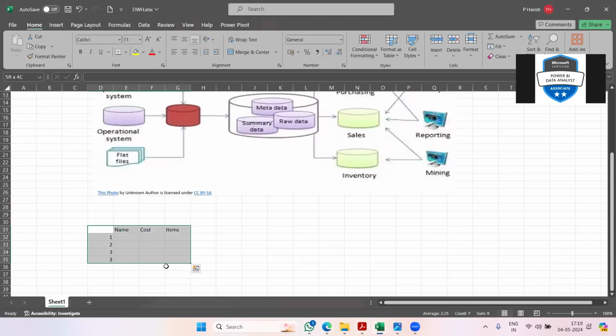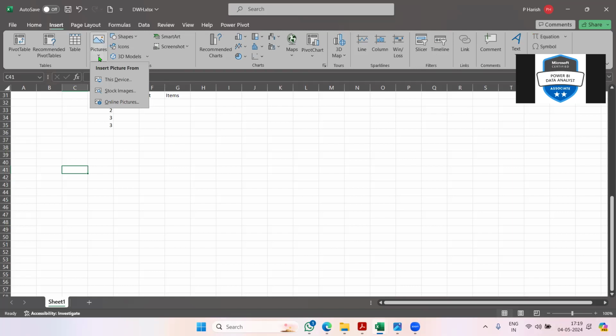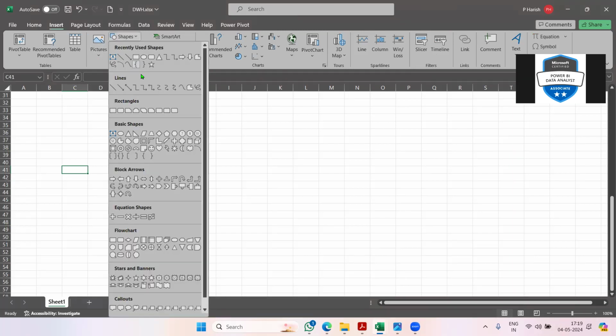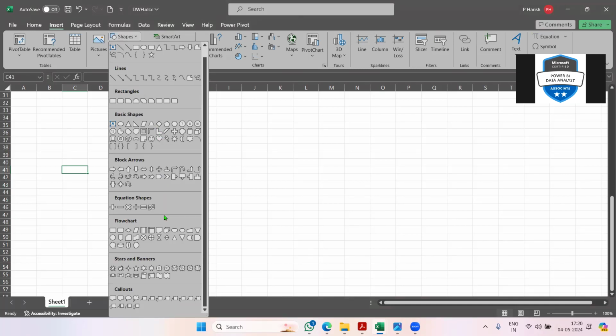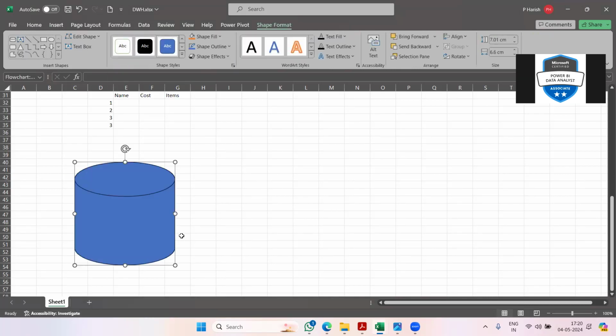If I come back to the Excel, if we say databases, a database is going to have structured data. Structured means it is properly defined, right? In each and every database, we first define how it should be sitting. This is the symbol that is used to represent a database.